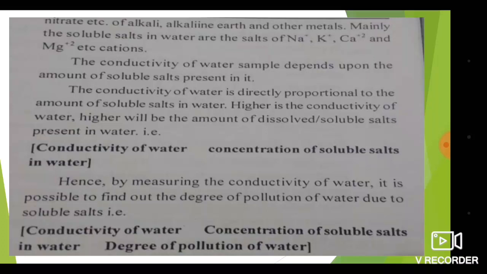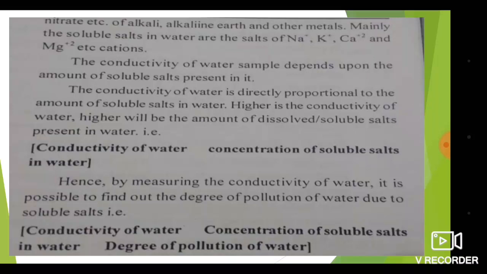The higher the conductivity of the water, the higher the amount of dissolved soluble salts present in the water. So conductivity of water is directly proportional to the concentration of soluble salt in water.